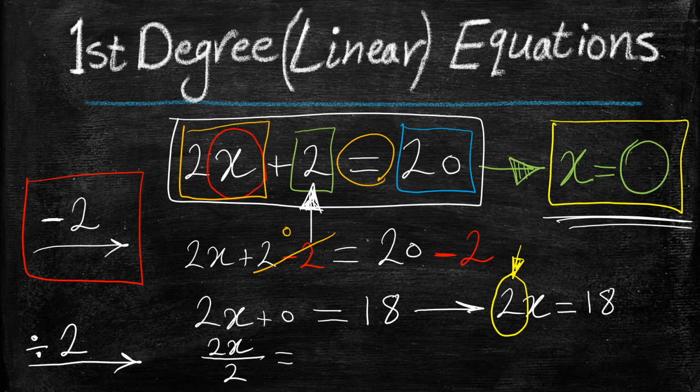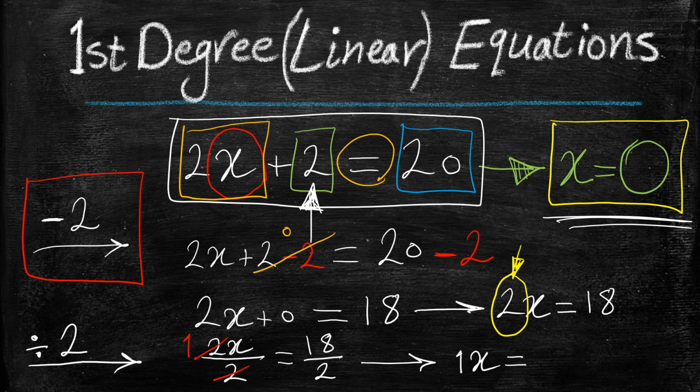Now I have to do the same thing to the right hand side. 18 divided by 2. Cool. Now let's see what we get. 2x divided by 2. 2 divided by 2, that's just 1. So on the left hand side it becomes 1x equals.